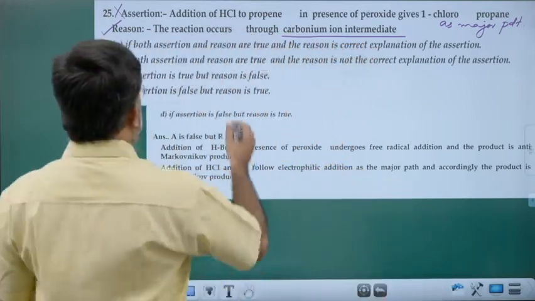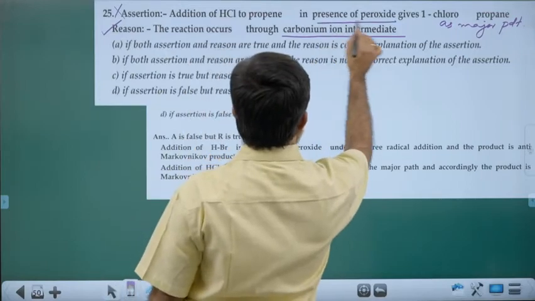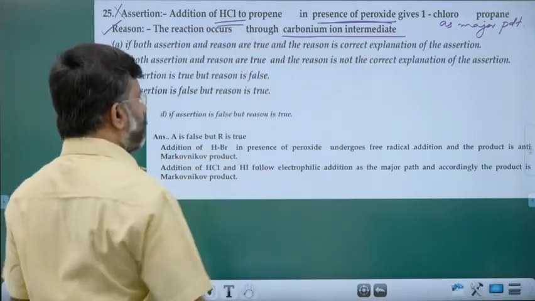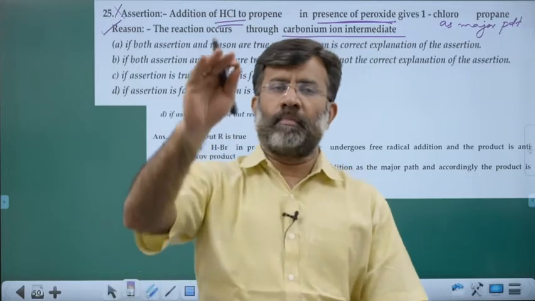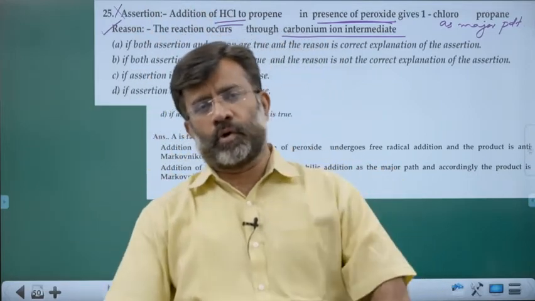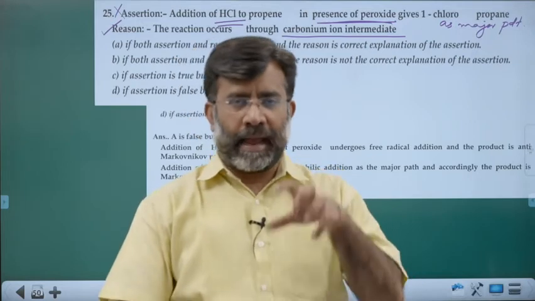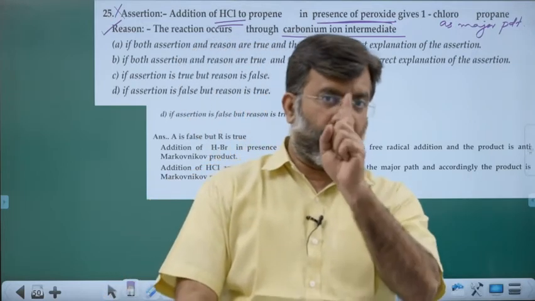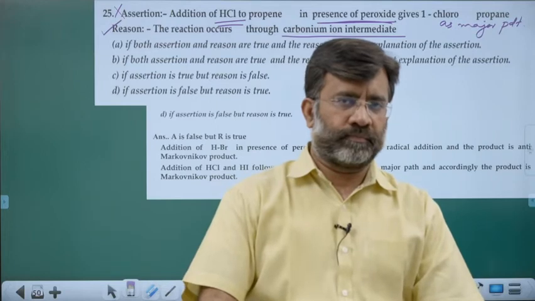So whether peroxide is given or not, with HCl and propene, the reaction will be Markovnikov addition only, and the major product will be 2-chloropropane, with the reaction happening via carbocation mechanism.